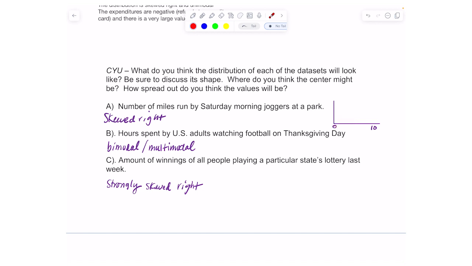So the stragglers are going to be the ones that won some of the money, but that would not be many, right? Maybe one person, if at all. So we would say that that's skewed right. And I would say, with most at $0, and the winner would be really an outlier.